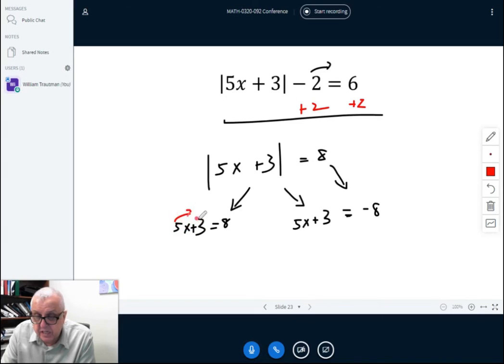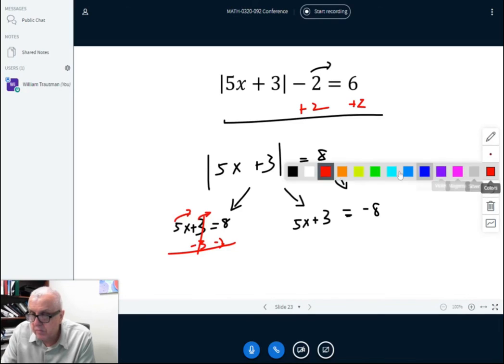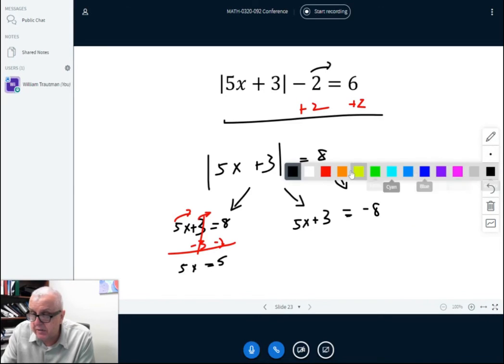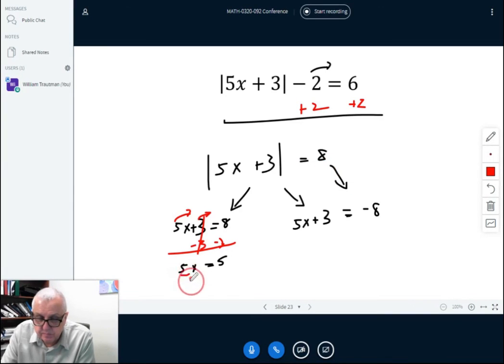I need to take the 5 and the 3 to the other side. First, I'm going to take the 3. 5x equals 5. Divide both sides by 5. And x equals 1. So there's one answer, x equals 1.